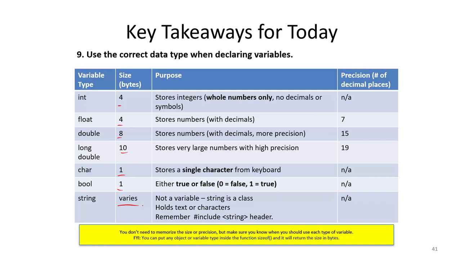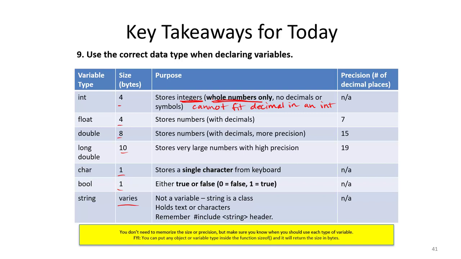So an int type variable is used to store integers, or whole numbers. Notice you cannot fit a decimal in an int. Ints are for whole numbers only.